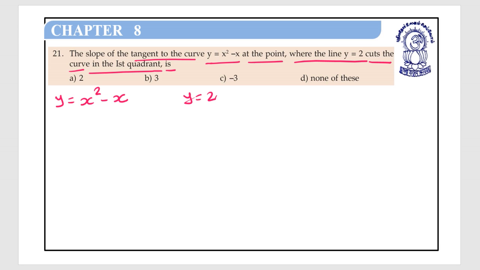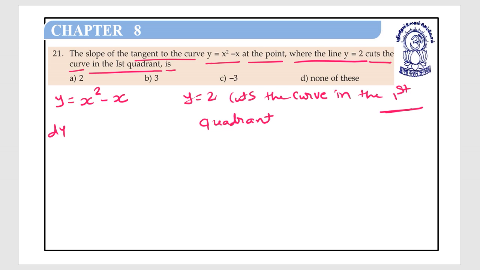Y is equal to 2 cuts the curve in the first quadrant. So find out the dy by dx. dy by dx is equal to d by dx of x square minus x, that is 2x minus 1.